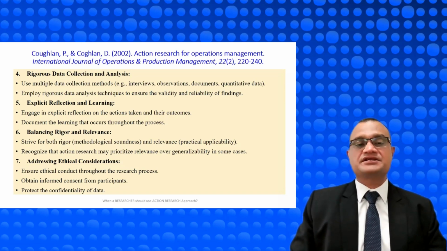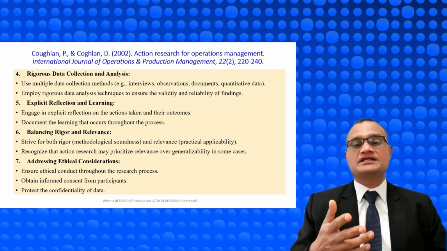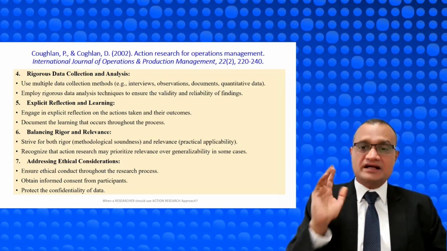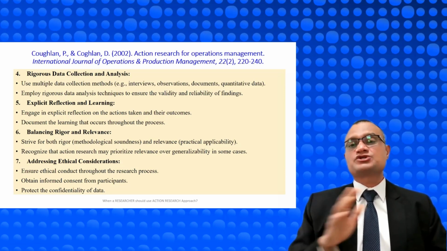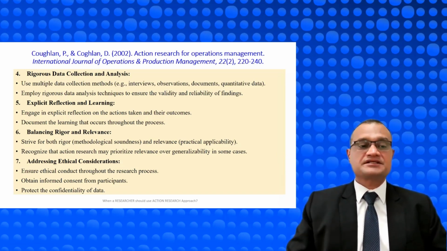Number 6, balancing rigor and relevance. So strive for both rigor and relevance, that is methodological soundness, and practical applicability. Recognize that action research may prioritize relevance over generalizability in some cases. Number 7, addressing ethical considerations.